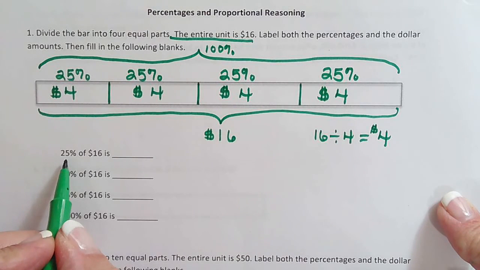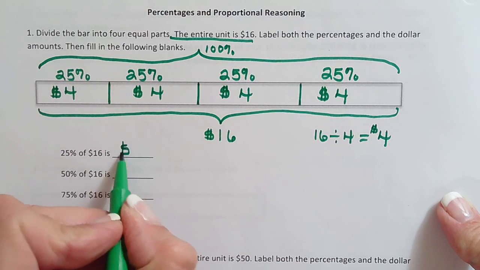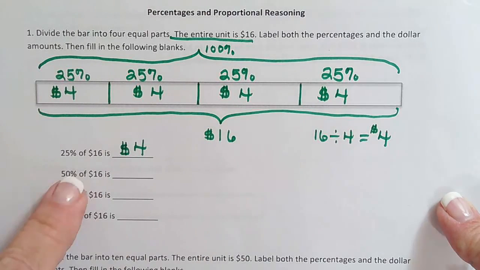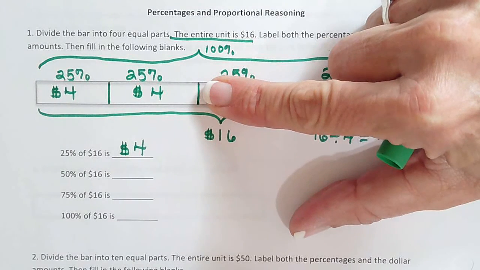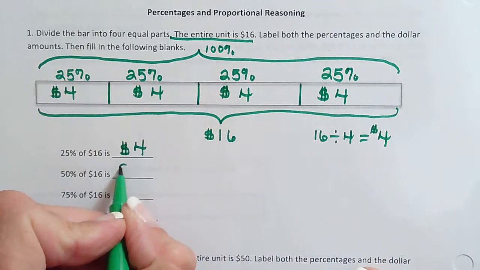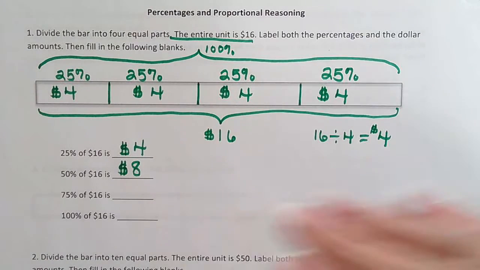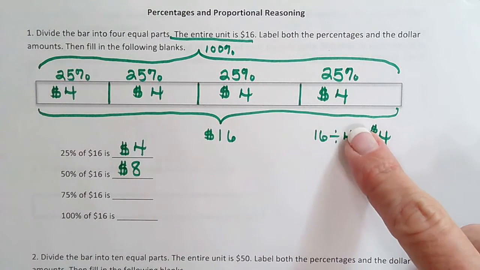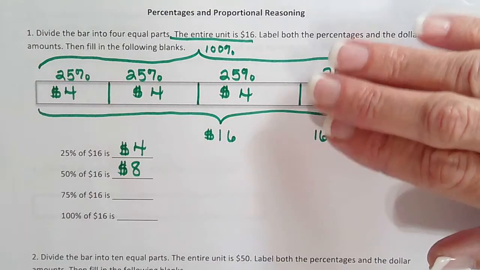So 25% of 16, I can see 25% of $16 is $4. What's 50%? Well, 25 plus 25 is 50. So what is 50%? 4 plus 4, $8. And you're probably thinking, oh, I could have done that in my head. Well, what if it was 538 or something like that? We gave you small numbers on purpose, just so you could understand the process, but it works for large numbers great too.